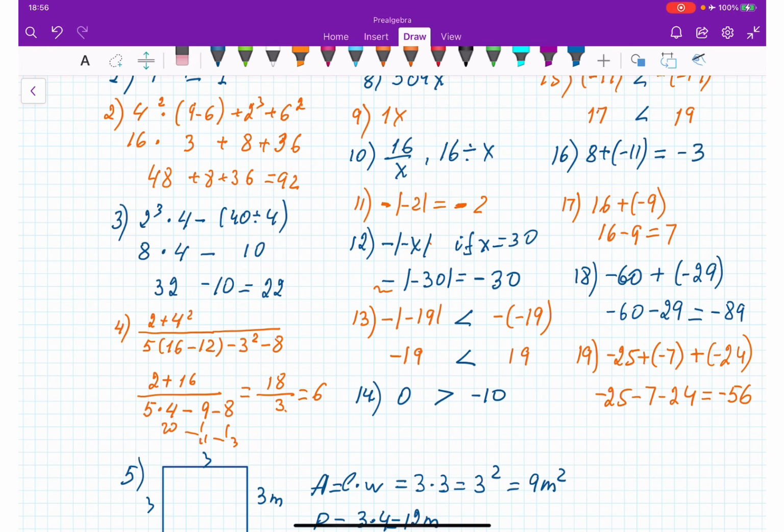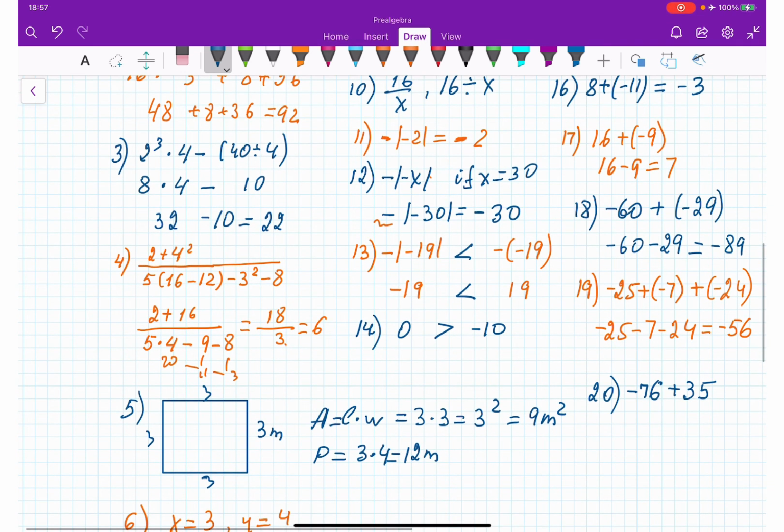And 20. Negative 76 plus 35. Okay, positive, negative. So signs are different.